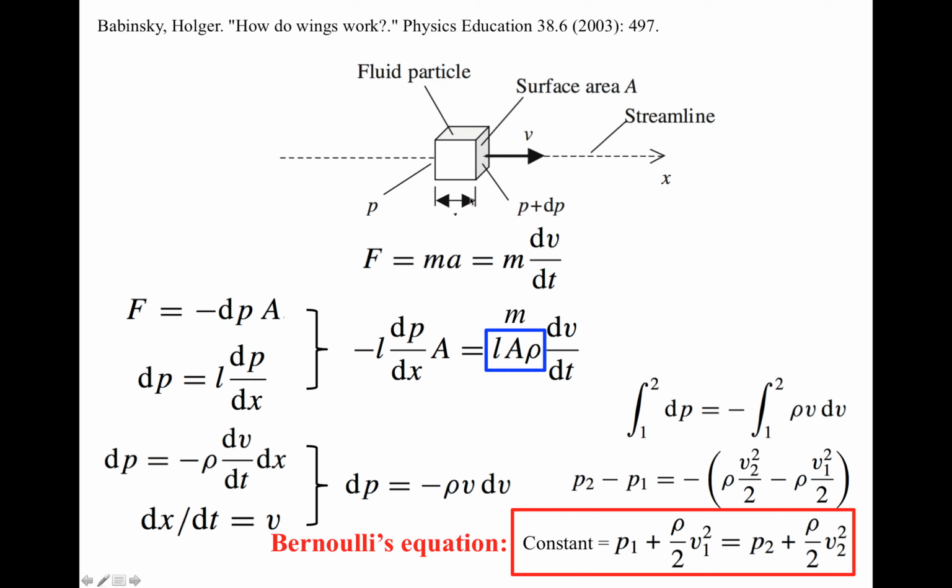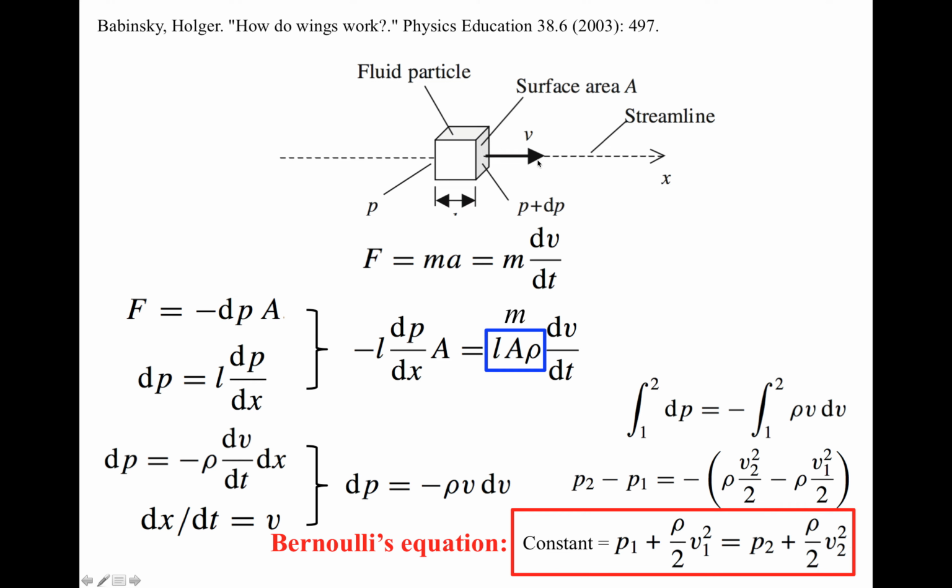And then we're going to assume that the pressure behind the particle is small p, and the pressure in front of the particle is p plus dp, and the particle is moving with a velocity v in the direction of the streamline.